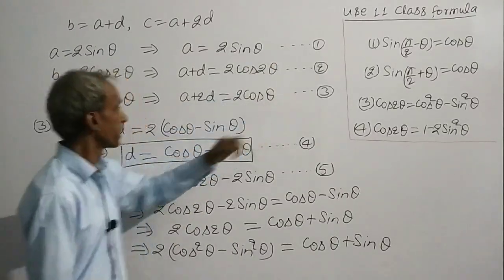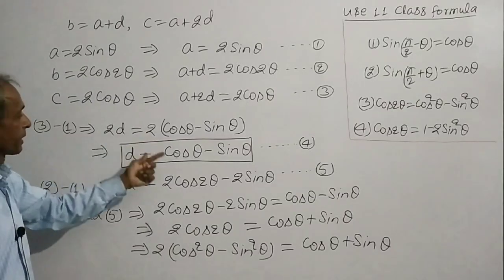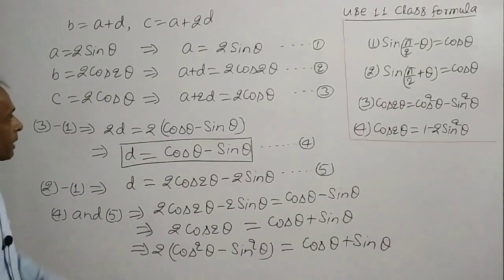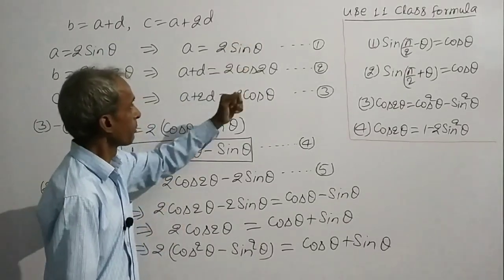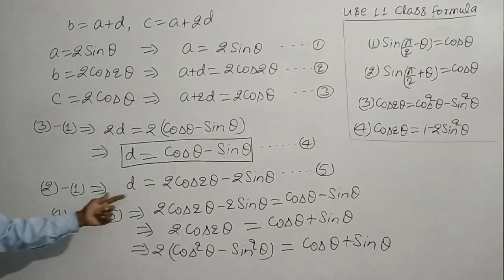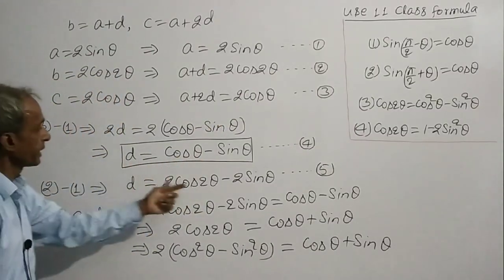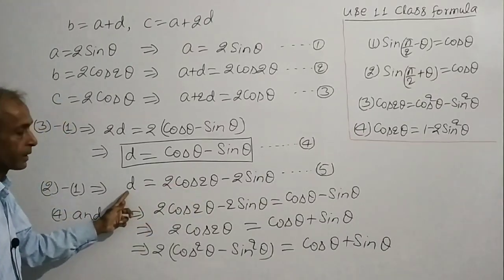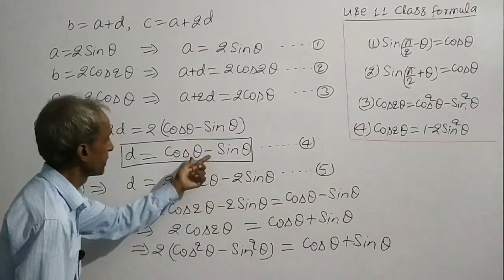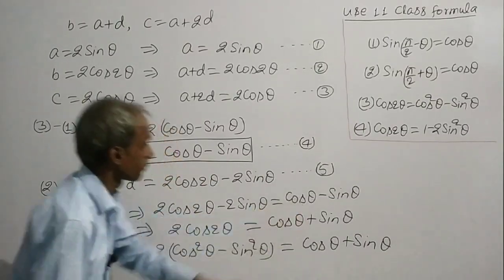Subtracting 1 from 3, we get this. Subtracting 1 from 2, we get this. This is also d, this is also d. Therefore, this is equal to this.